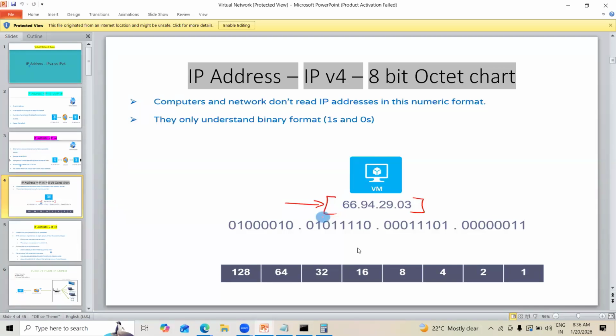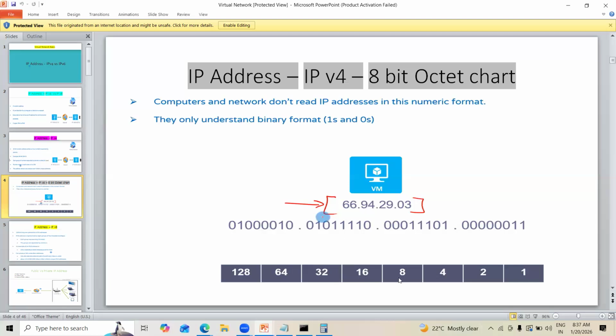In the same way, 94. For 94, what things are enabled? First it will start with the big number. 128 is not required because it is only 94. So what options do we have? First is 64. Once 64 is enabled, if you go with 32, it will go beyond 94, so it will not be on. The next option is 16. 64 plus 16, 80.